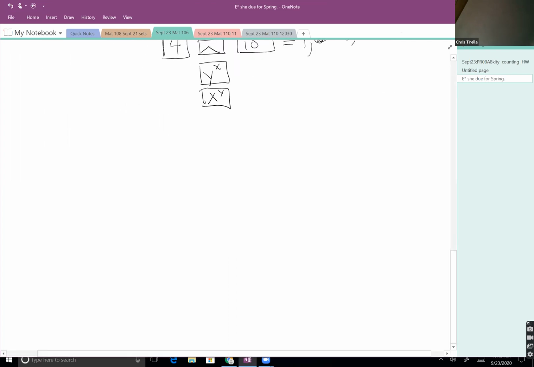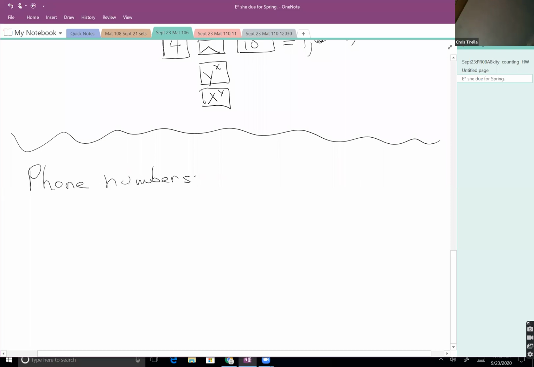Another way in which this is used, has anybody ever thought about phone numbers? If a phone number, and I'm going to have it with an area code.